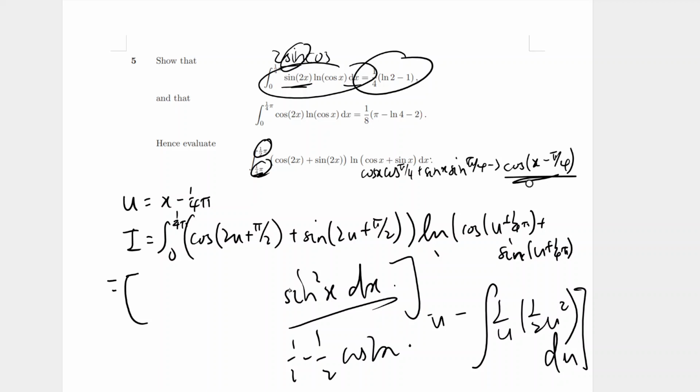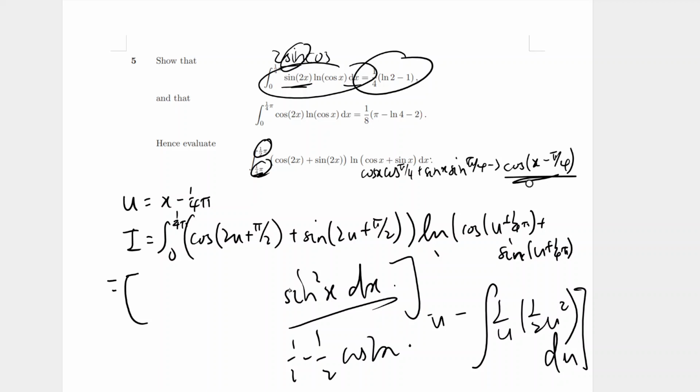Okay, how about the stuff behind? The thing after the ln seems really annoying, like there are lots of terms in there, but actually not. Think about this, u plus a quarter pi. This is cos A cos B minus sine A sine B, i.e. root 2 over 2, which is the cos quarter pi bit, cos u, minus root 2 over 2 sine u.